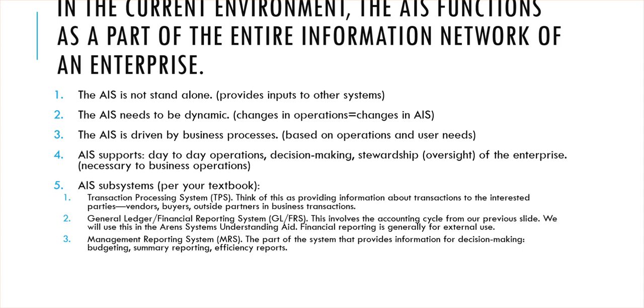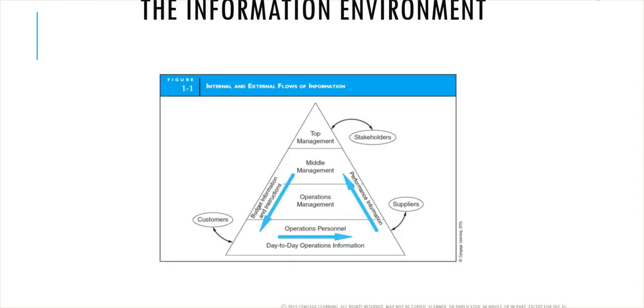So we had on a previous slide that there were two things, and I said you could see these as being separate, but they are somewhat related. They both get into this. And I use these acronyms quite a lot. So TPS is transaction processing, or I might just say TP, and then GL or FRS, and then MRS or MIS, right? That's a management reporting system.